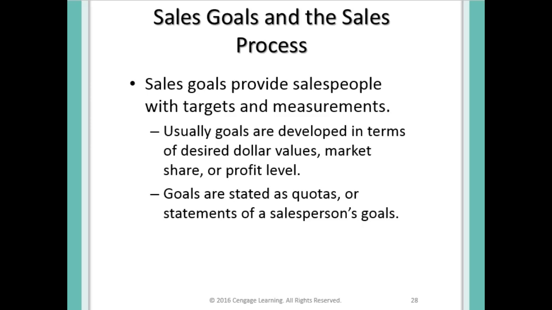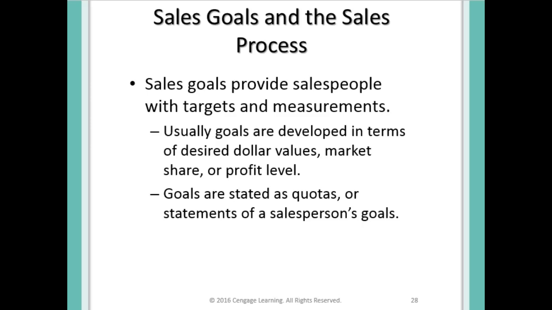Now, talking about sales goals. Without goals to strive for, a salesperson's performance would be mediocre, average at best. More than likely, the company would fail. You always have to set high expectations for yourself, so you always have something to strive for.